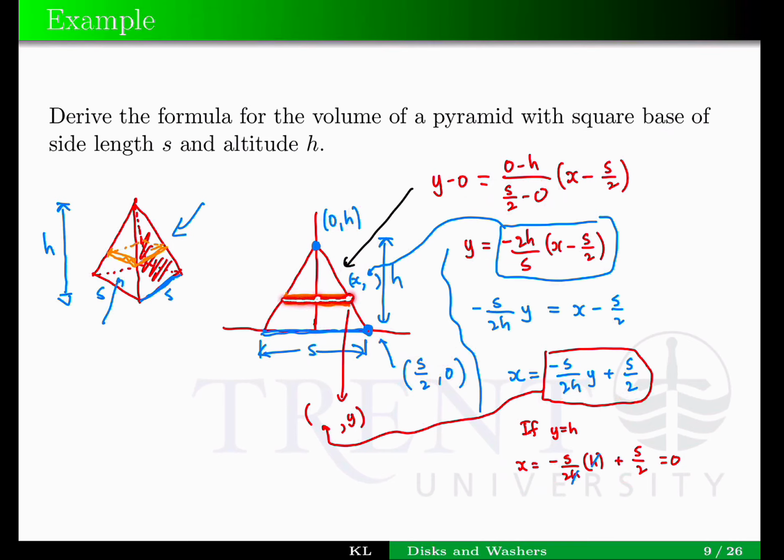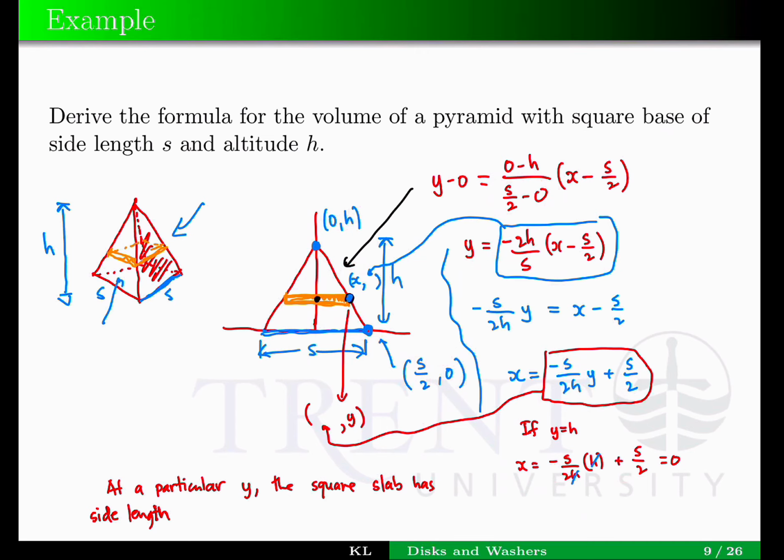So we need the whole segment, which means that the side of the square slab at a particular y has side length 2 times this expression.